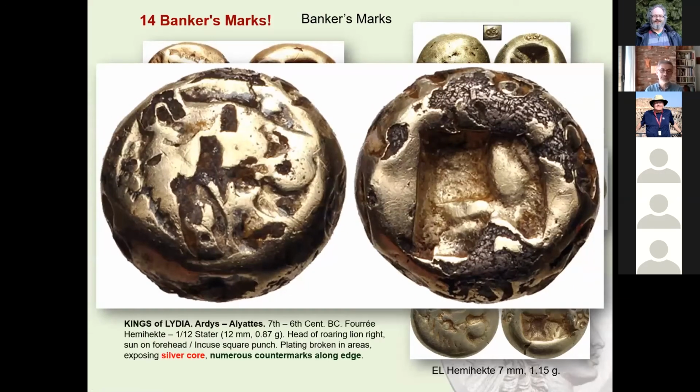Here is another example with a silver core this time, numerous countermarks along the edges, and it is plated with electrum.